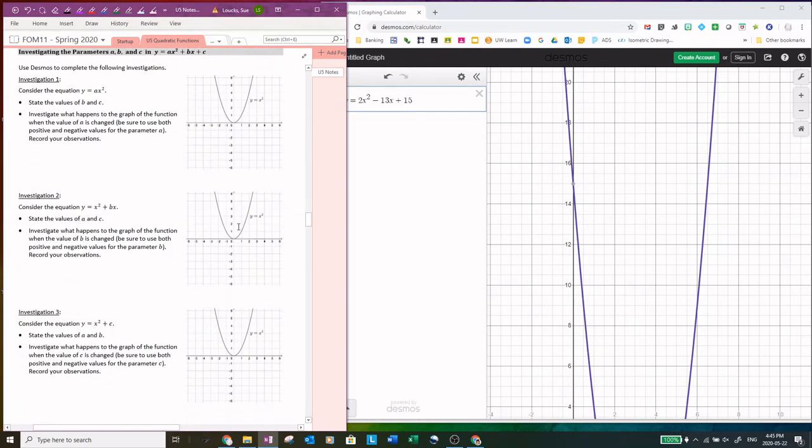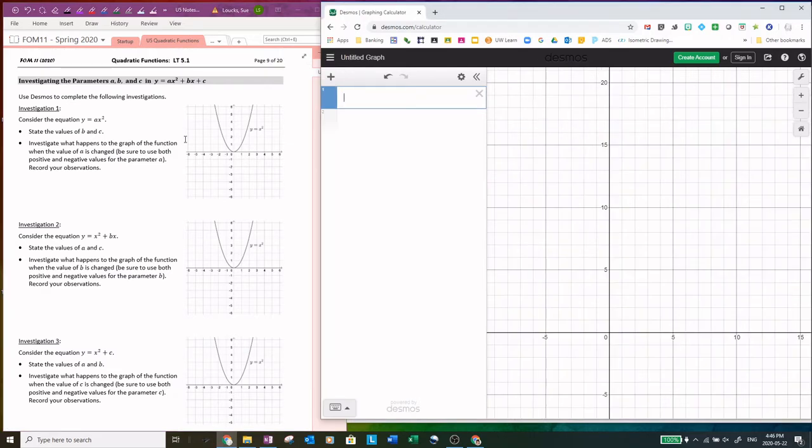Let's do some things in Desmos. For this part, I'm just going to get you started, and then I want you to play around with it on your own, and then come back and I'll write down what you should have gotten. I want to show you something else that Desmos does that's really neat. When the equation is y equals ax squared, I can put any value in for a.